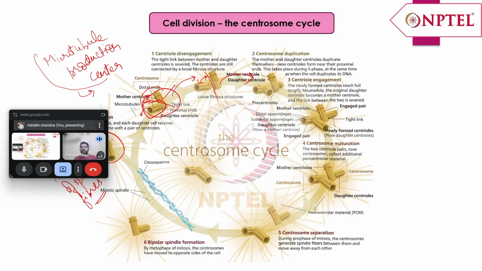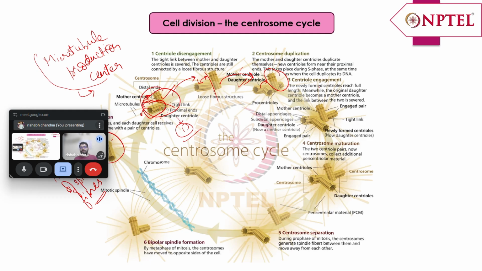So now there would be two mother centrioles and two daughter centrioles. After the centrosome duplication, a new centriole will be formed that would also have two centrioles, the mother and the daughter centriole. So in each case it would be considered as one.